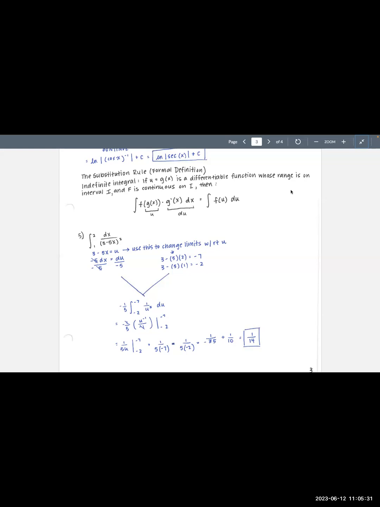Any questions? Okay. So not that I will ask you for formal definition, but I want you to know where these are coming from.